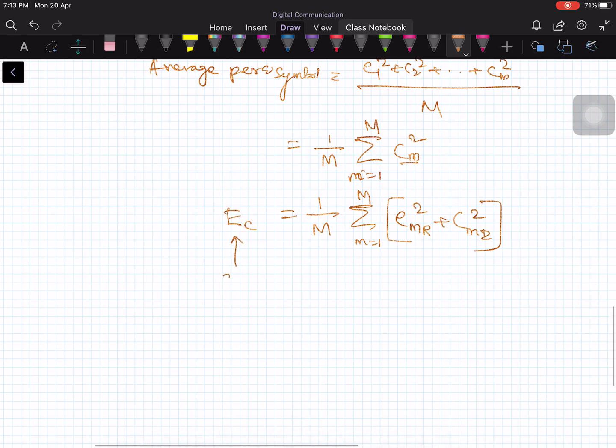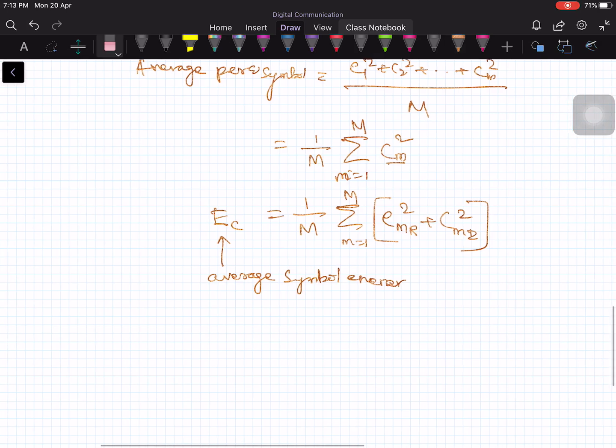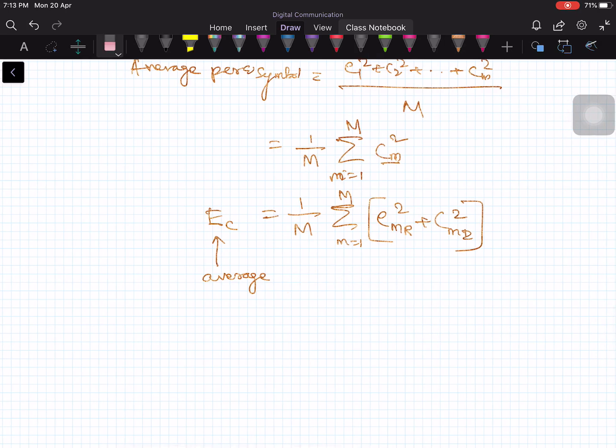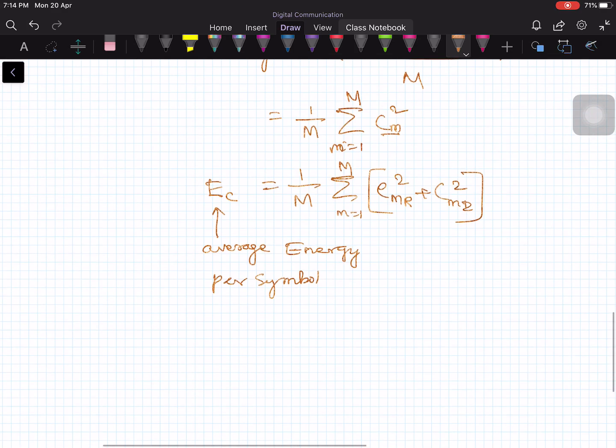This is the average energy per symbol for a given constellation. Okay, and in that way we are defining this.